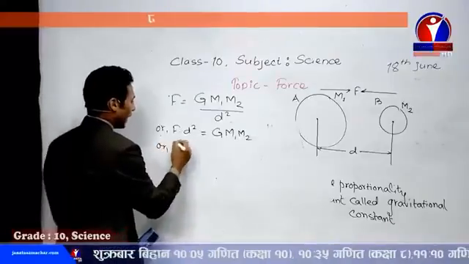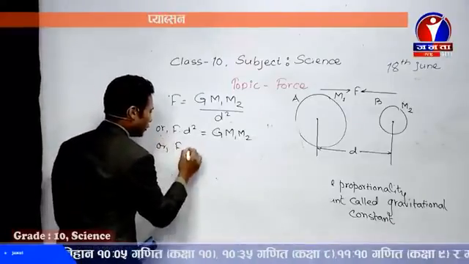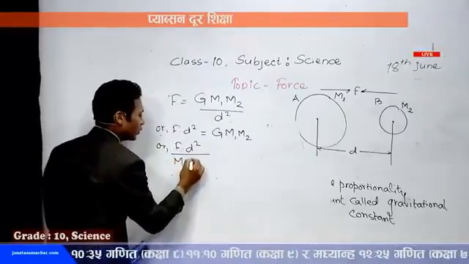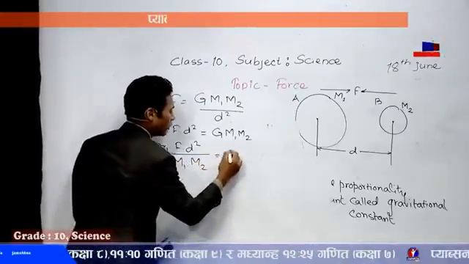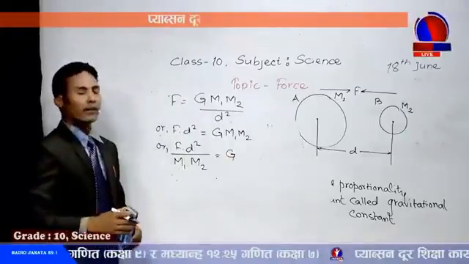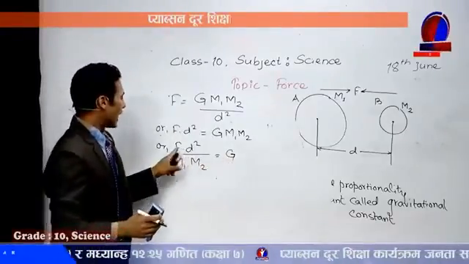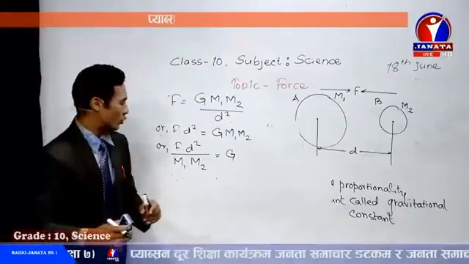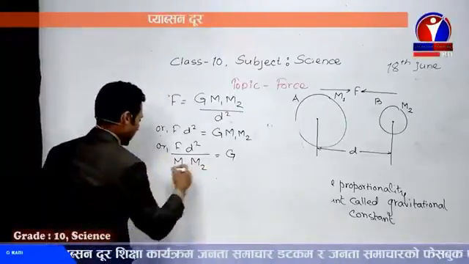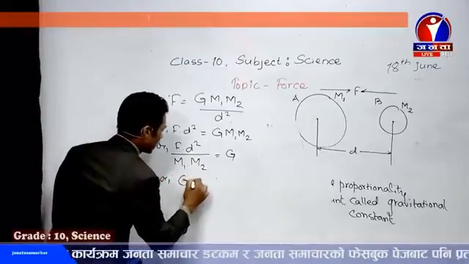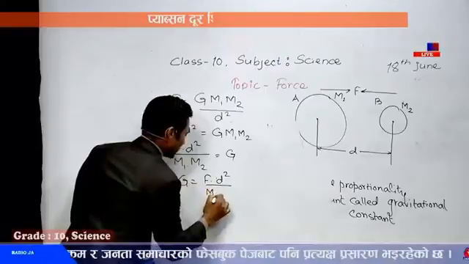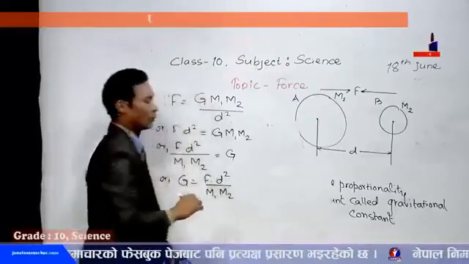So let's simplify this further. F into d square by m1 into m2 equals to G, right? So G equals to F into d square by m1 into m2.